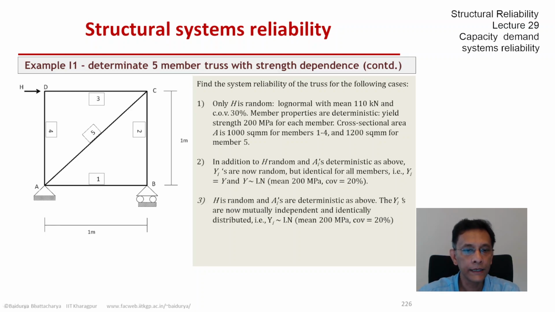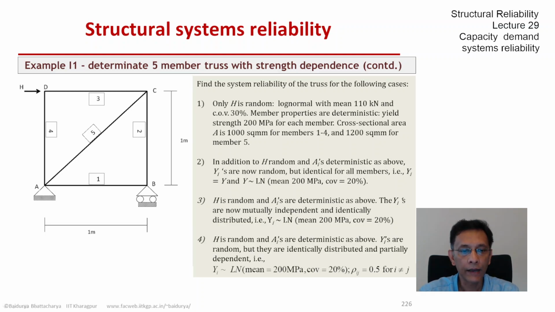In case 3, we go to the other extreme for the member strengths. Instead of being fully dependent, now they're fully independent. So they're mutually independent and identically distributed. So here we have 1 plus 5, so 6 random variables. And in the final case, we go to the midway.